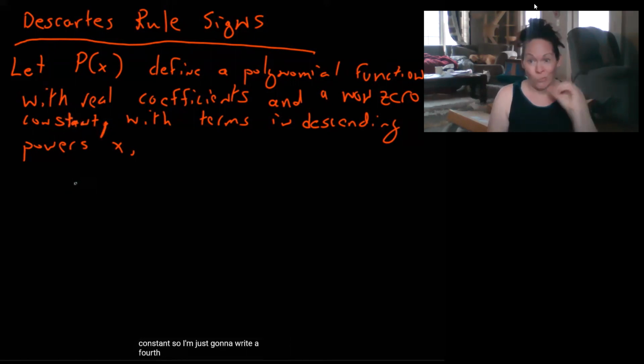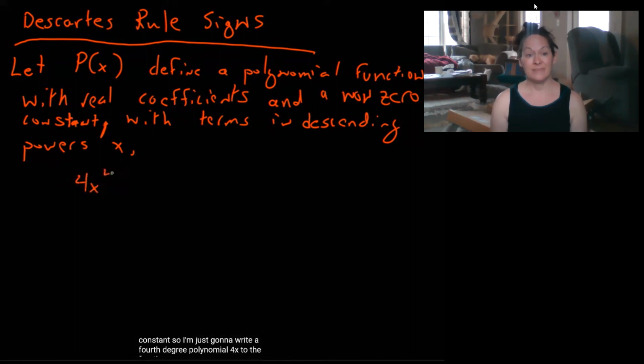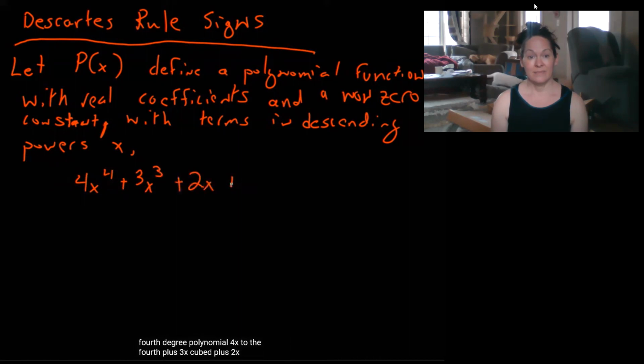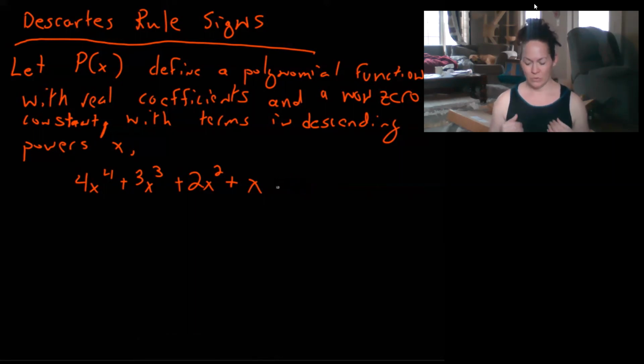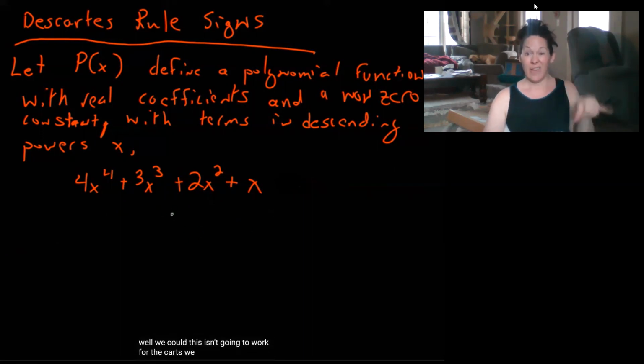So I'm just going to write a 4th degree polynomial. 4x to the 4th plus 3x cubed plus 2x squared plus x. But we have 0 here, right? And we don't write our zeros. So I'm going to get my black pen. We don't write our zeros, so we'll make it go away. Well, we could. This isn't going to work for Descartes' rule of signs.